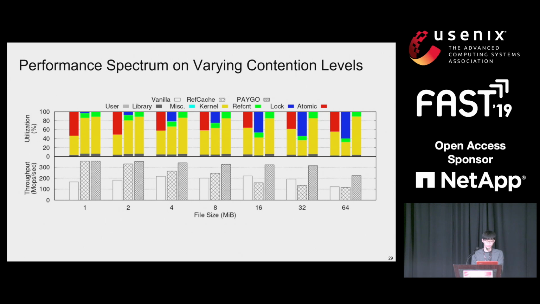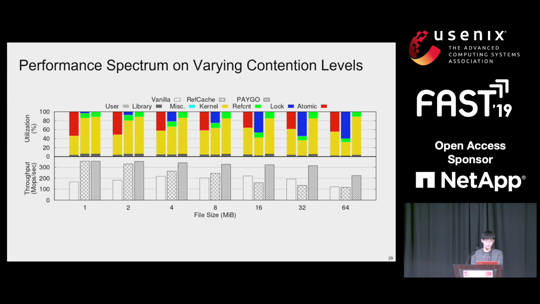We further investigated the performance spectrum over different contention levels to fully understand the nature of the space-time trade-off. For this evaluation, we used a micro benchmark where 96 threads perform sequential reads for every page on a single file, whose size is varied from 1 megabyte to 64 megabytes, with ext4 mounted.